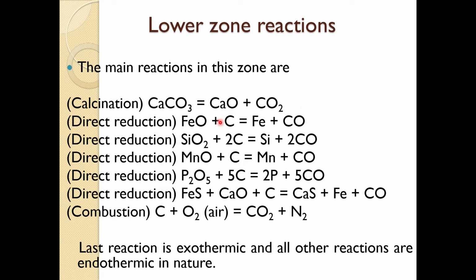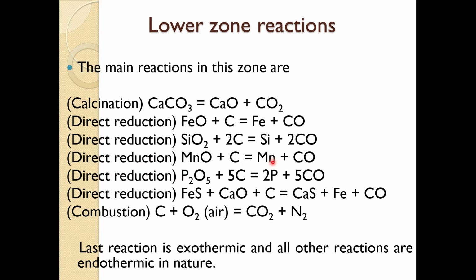As you can see, with solid carbon, FeO is getting converted into Fe. Even SiO2 reduction occurs, and silicon vapors can form, which contributes to the high silicon in the metal, and it gets absorbed by the liquid iron.